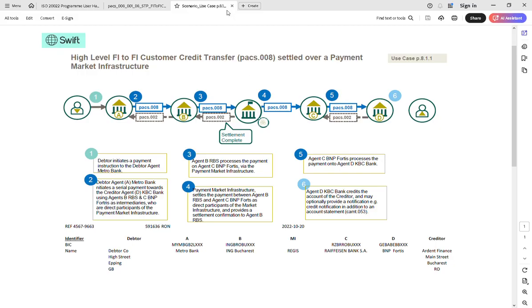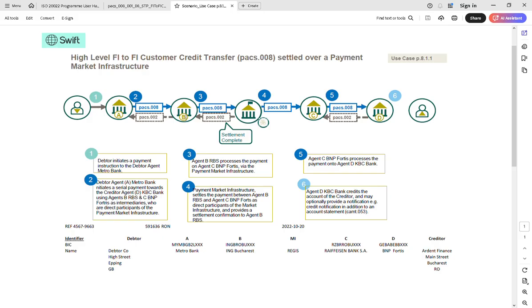Here the instructed agent is B, so in between, A is the instructing agent sending the payment, and B is receiving the payment, right? So that's why the settlement method between A and B is INDA here. If you mention INDA, it means instructing agent, right? So that is the way the first chain is INDA here.